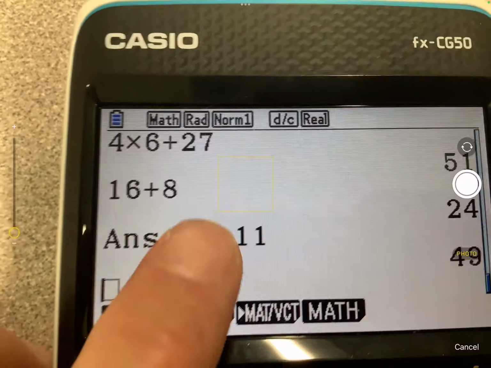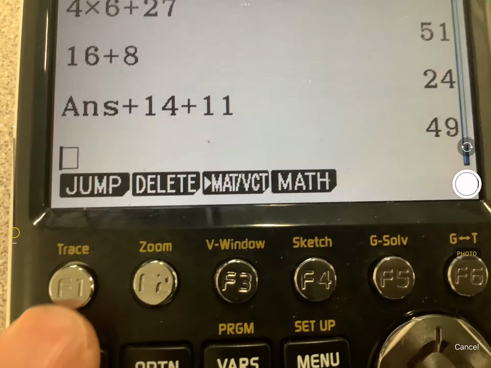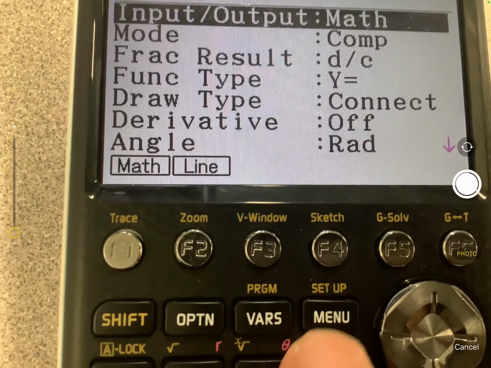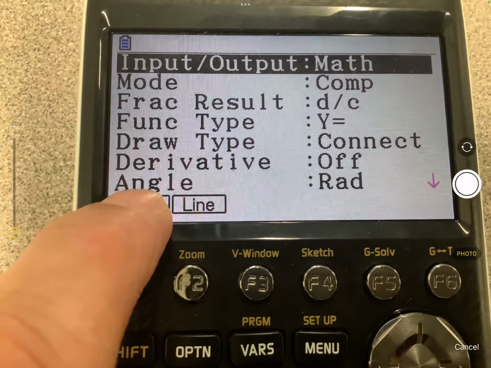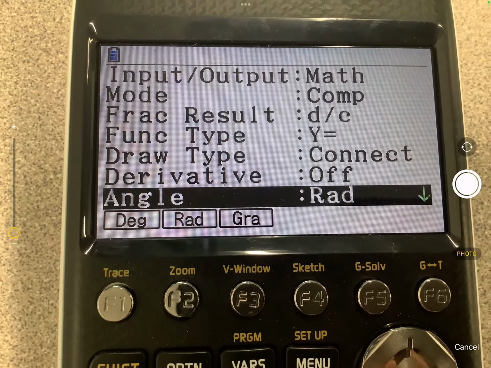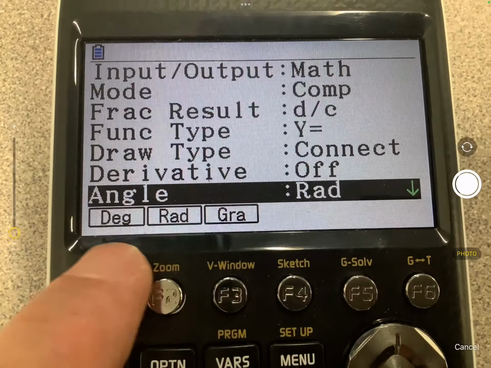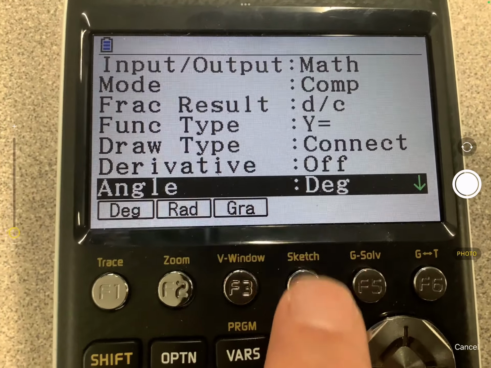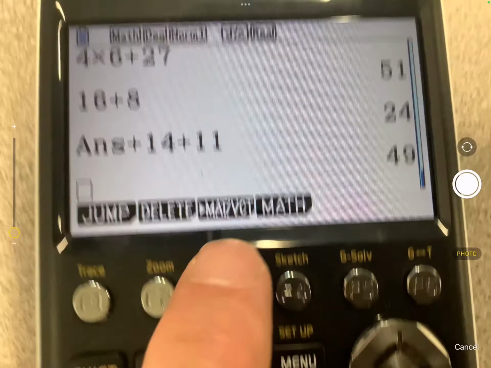They almost always default to radians. On my calculator, these are the school calculators, we hit Shift, Setup. It's on the menu key. Do you see where it says angle, radians? You must change that over to degrees. So I scroll down, and I'm going to hit degrees. That's F1 here. So now my calculator, when I hit Exit, look what it says at the top.